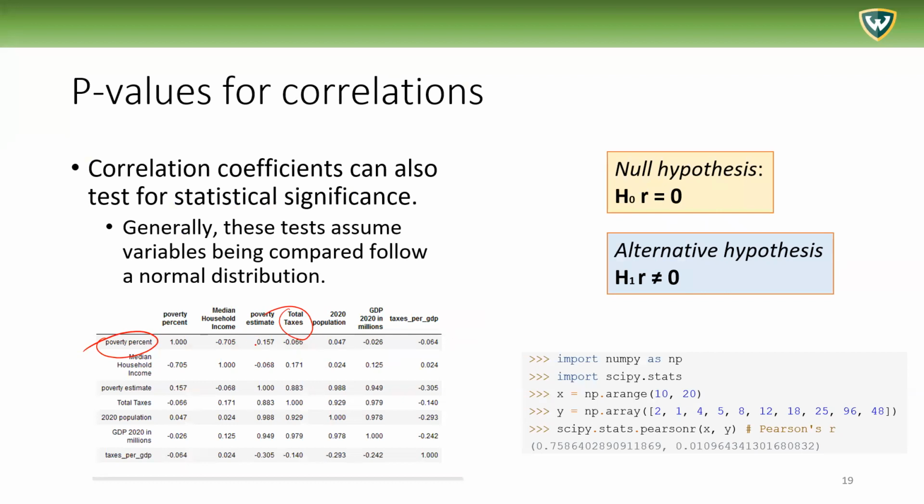For example, there's another here. Let's talk about poverty estimate, which is the number of people in poverty. This is actually kind of interesting. You can see that the percentage of people in poverty is positively correlated with the number of people in poverty.